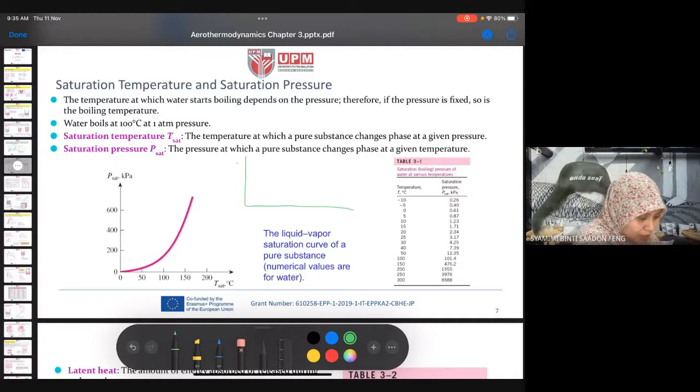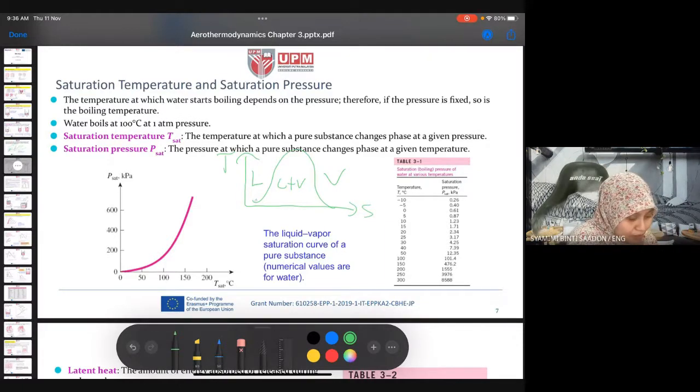Later on, you look at another diagram, the TS diagram. This is entropy, but I just would like to show you the phase change. In this TS diagram, entropy and temperature, we have this liquid vapor region, meaning a mixture of liquid and vapor, and this is the vapor phase.